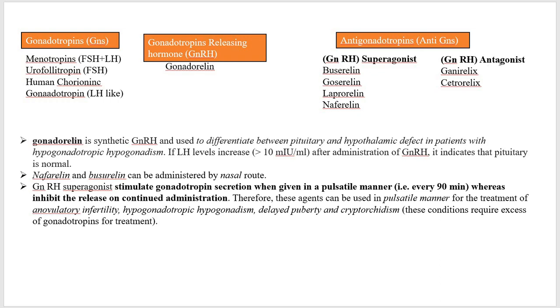In those cases, antagonists are used, that are ganirelix and cetrorelix. The special point regarding gonadorelin is that it is a synthetic gonadotropin releasing hormone, and it is used to differentiate between pituitary and hypothalamic defect in patients with hypogonadotropic hypogonadism.